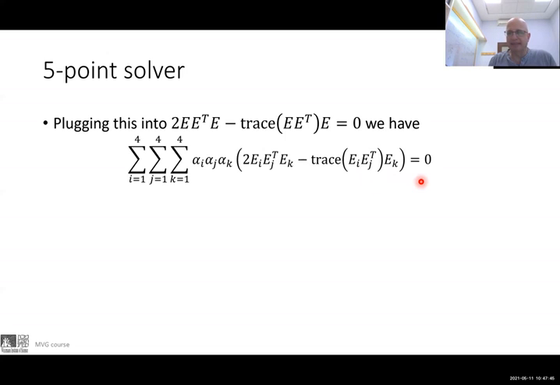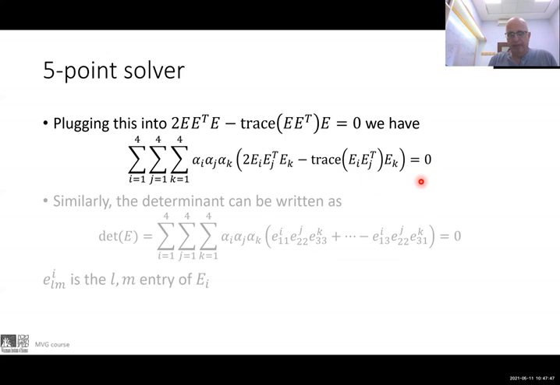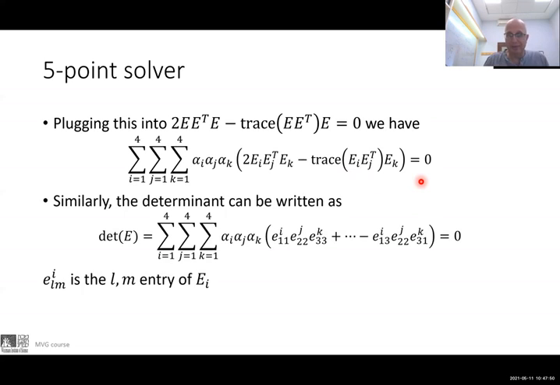This is the first thing I do here. I do the same thing with the determinant. I want to write that the determinant of E equals 0. Again, instead of E, I put alpha 1 E1 plus alpha 2 E2, etc. Now remember that the determinant of a 3 by 3 matrix is simply a sum of products of triplets of entries.